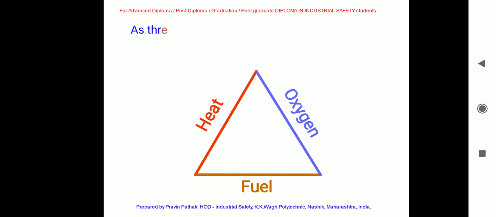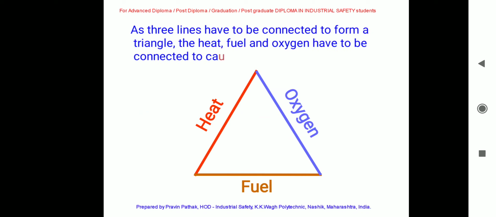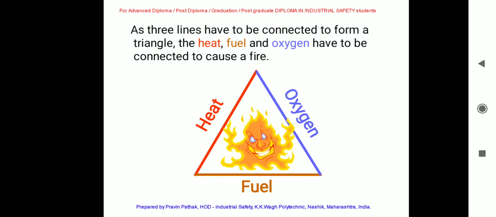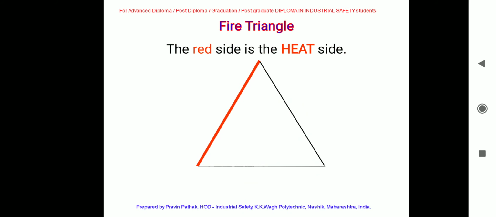These are the 3 elements of fire, and when the 3 elements combine together, it is called a fire triangle. So to catch fire, these three elements are combined. Heat, oxygen and fuel are represented by red, blue and brown color for the fire triangle. So it becomes a fire triangle now.